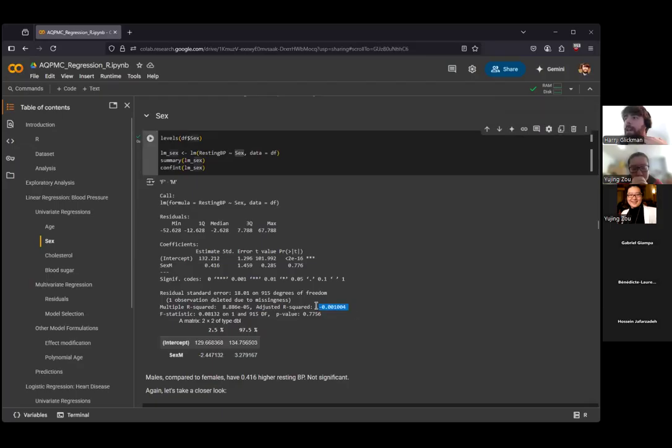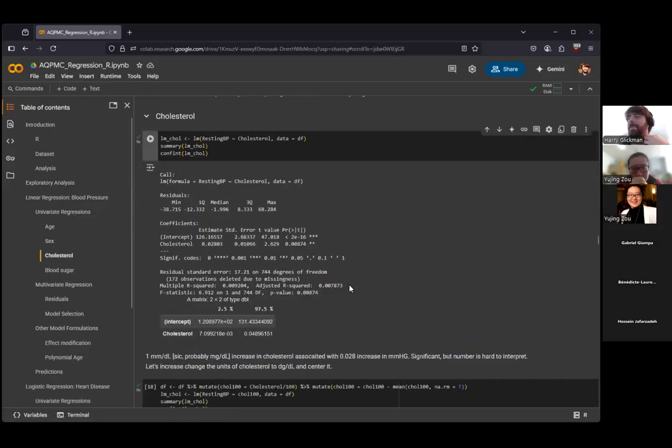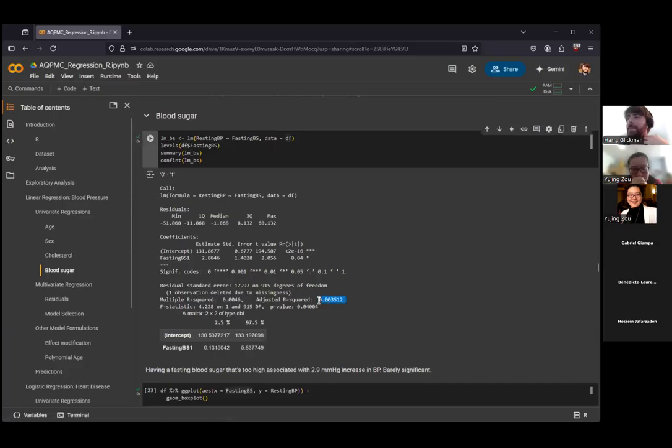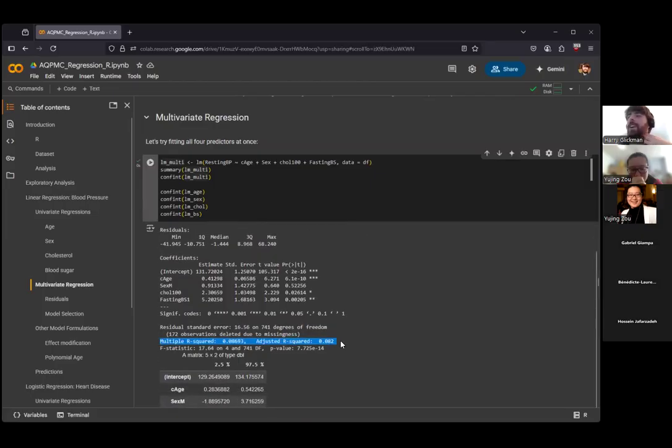Sex predicted nothing at all. Actually, it hurt us to have sex as a predictor, basically. Less than 1% for cholesterol and less than 1% for blood sugar. So almost all of the predictive power here is coming from this age variable.